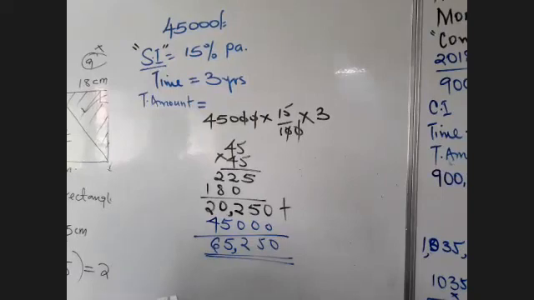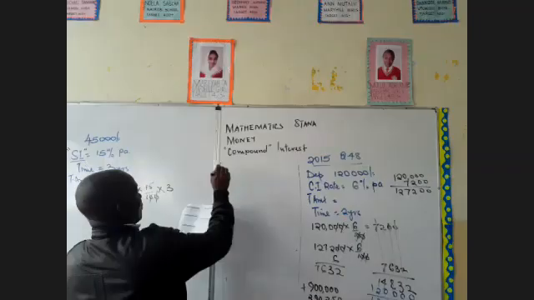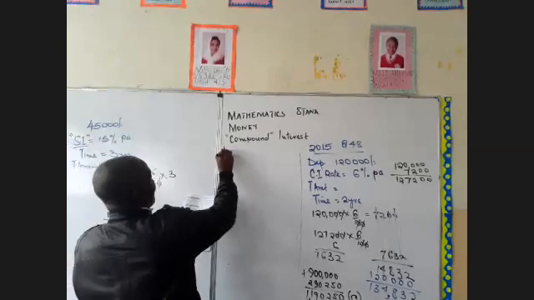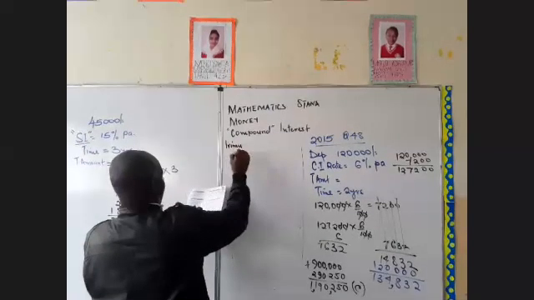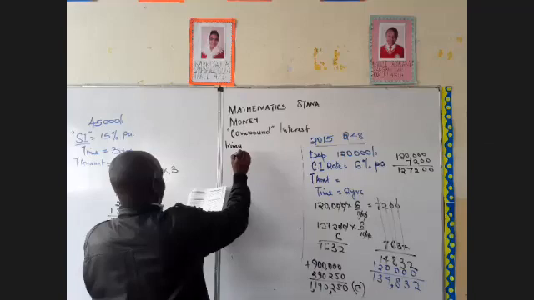I want us to look at 2010, before the Zoom people disconnect us. 2010, the story was, question number 29. Irimu deposited 10,000 in a financial contract.